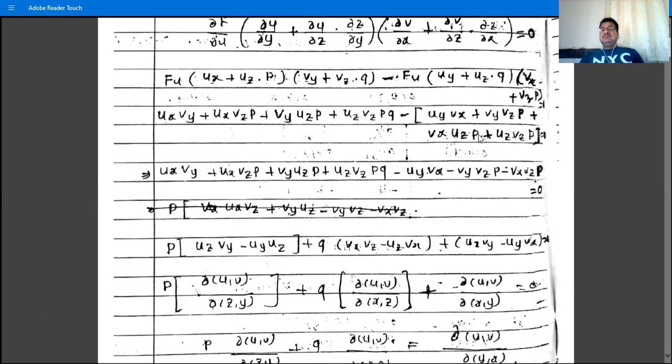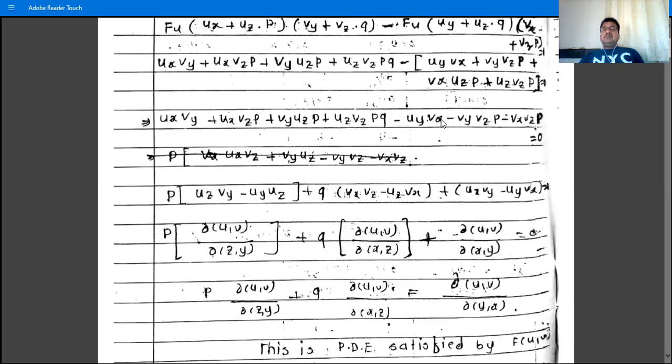After the effect of the negative sign, we have these terms: minus u_y v_x, minus u_y v_z p, minus u_z v_x q, and the term minus u_z v_z pq.